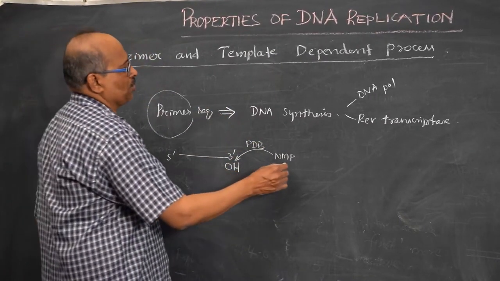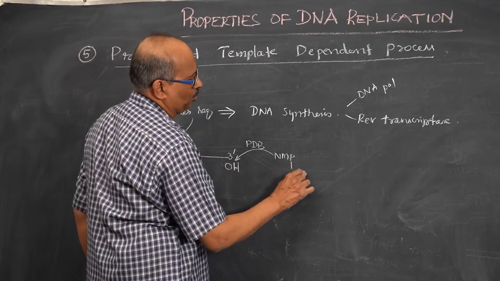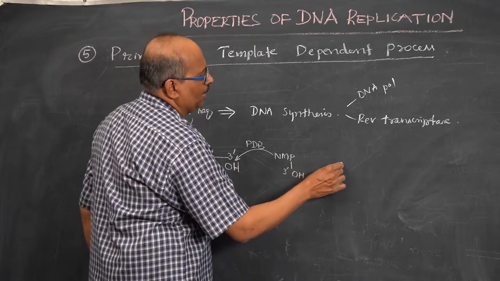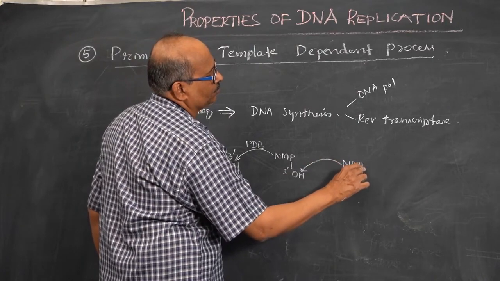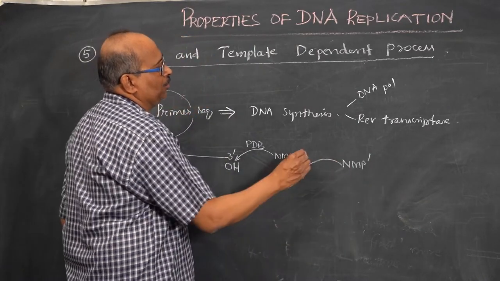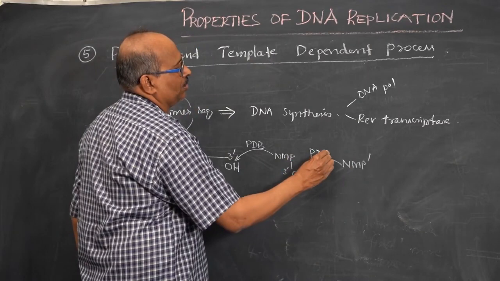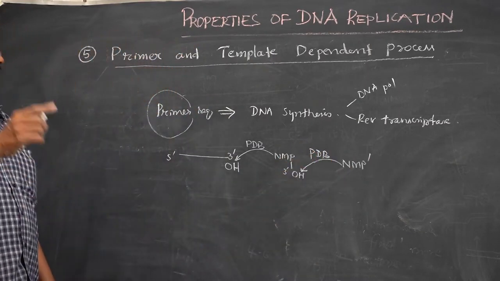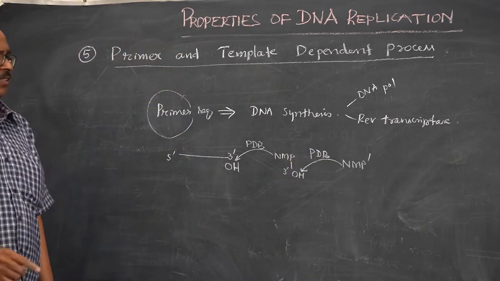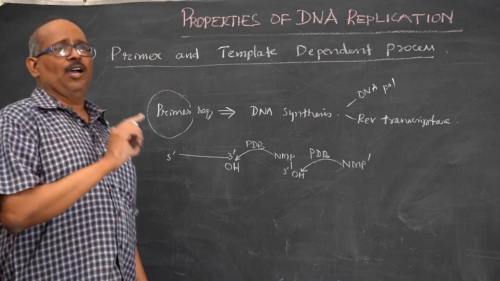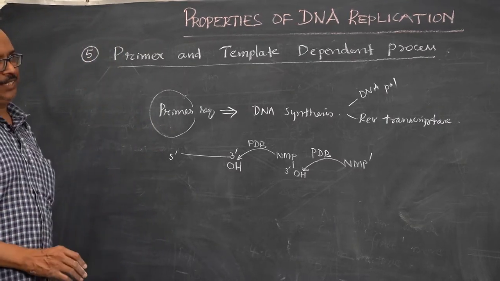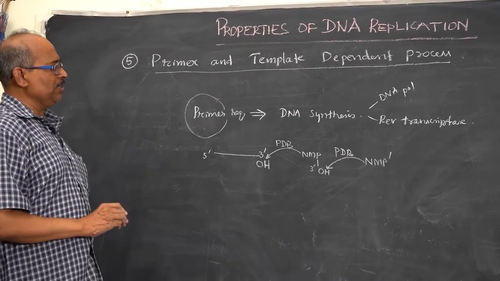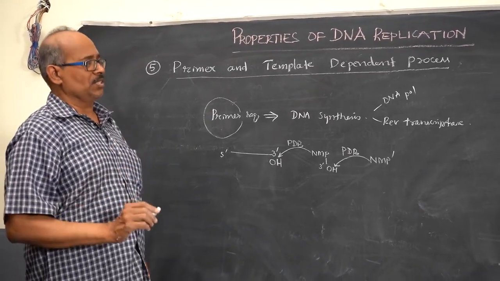And again it produces a free hydroxyl group. Again another nucleotide will be added, again through phosphodiester bond. So as long as you generate a priming end and you have a template, you can go on synthesizing the DNA. So primer requirement is unique for DNA synthesis.